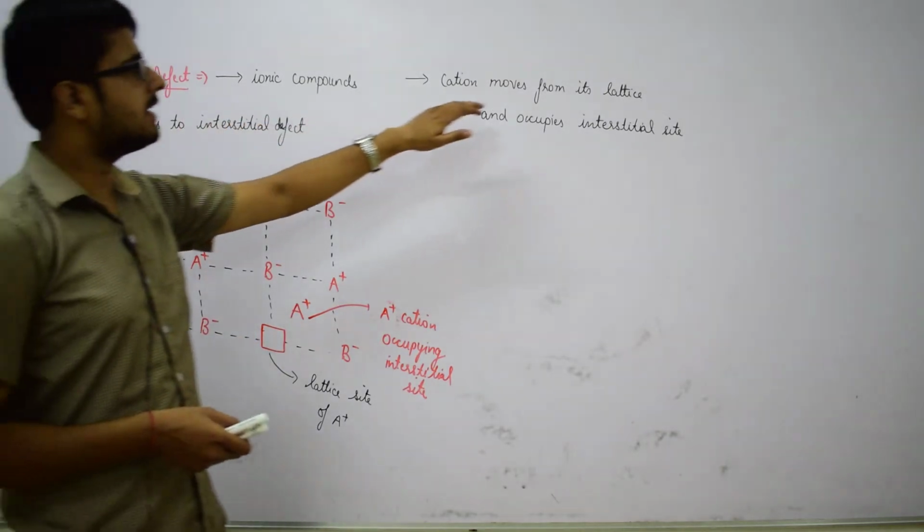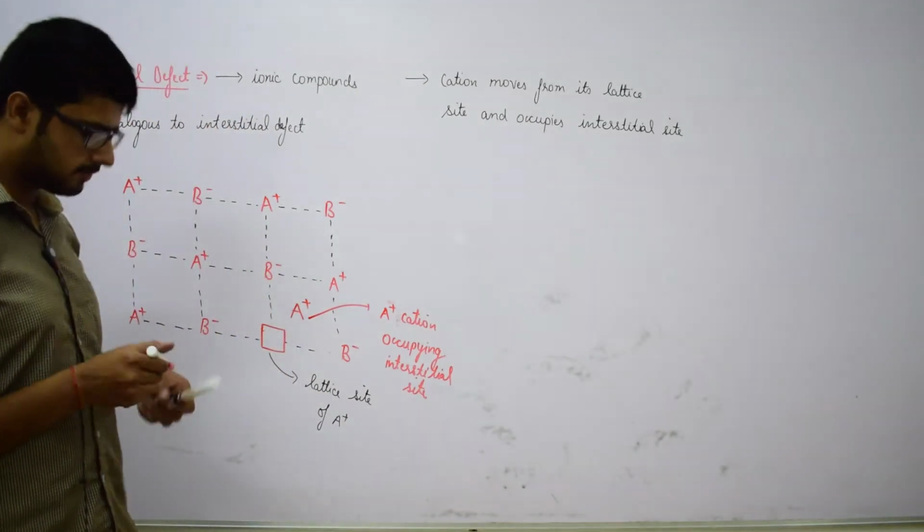So, the cation moves from its lattice site and occupies an interstitial site.